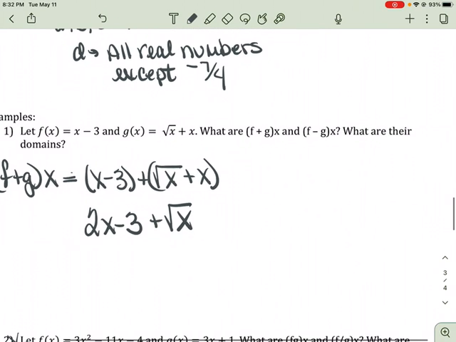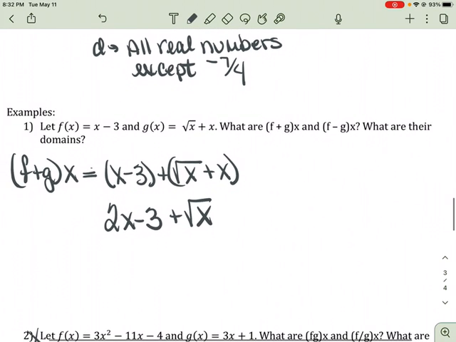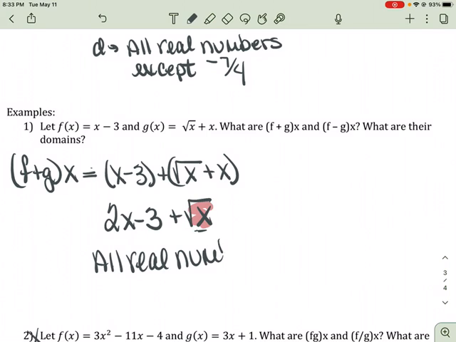All right, so let's talk about its domain. Looks like it's going to be all real numbers, but I have this guy, which means x has to be a positive number. X has to be greater than or equal to 0.